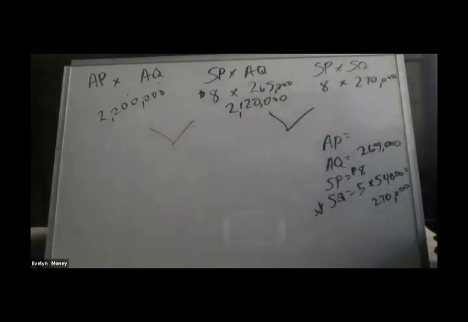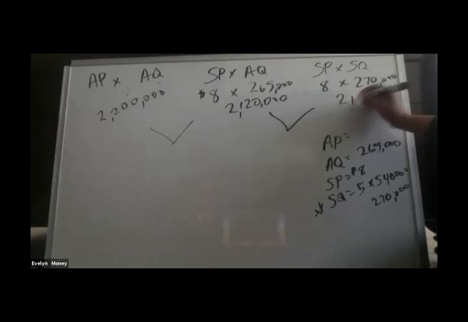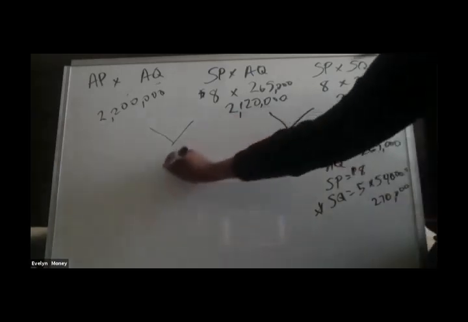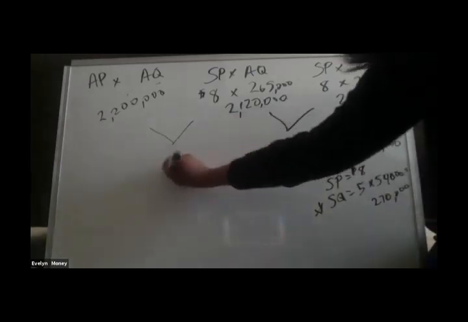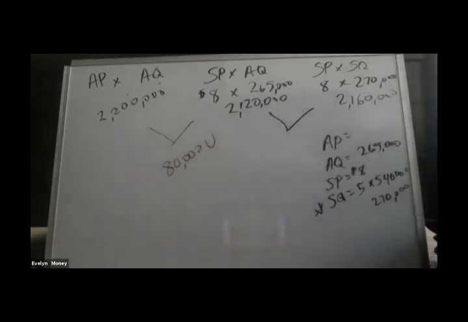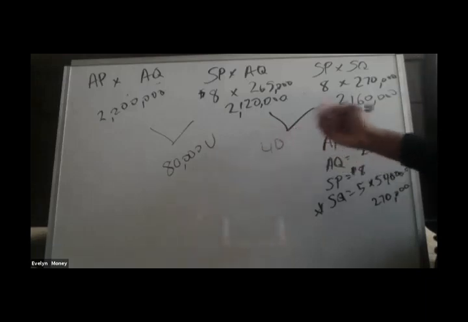2120, and then this one should be 2160. And when we do our subtraction, this one is 80,000 unfavorable because it's positive. And this one is 40,000 favorable.